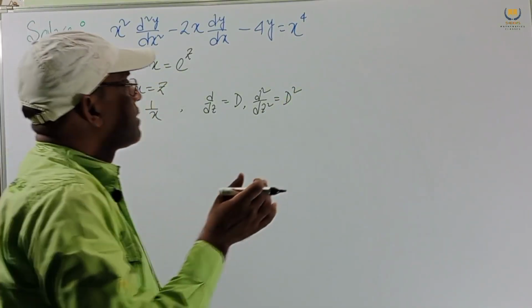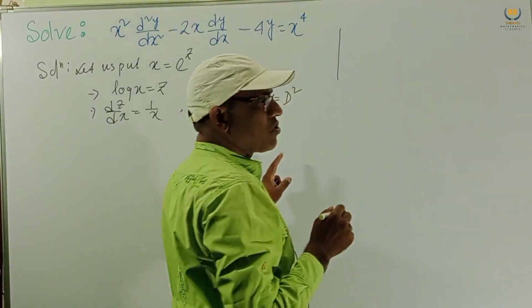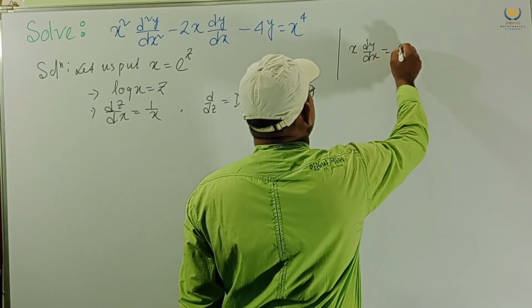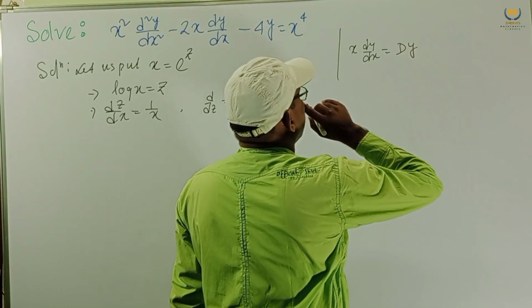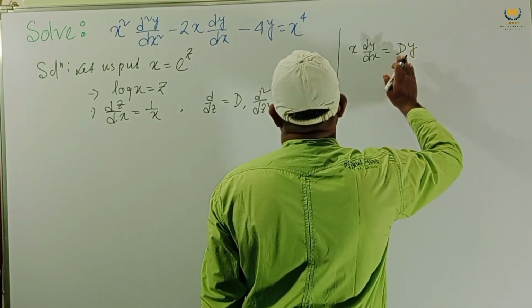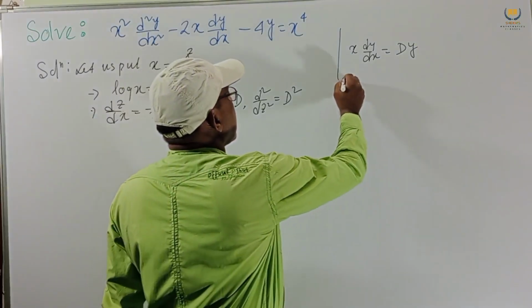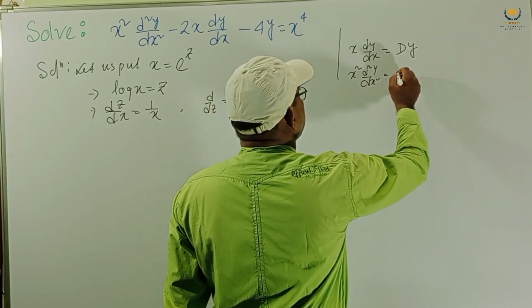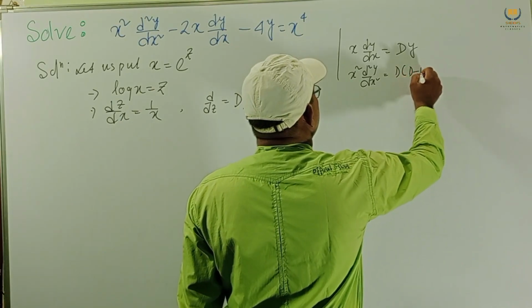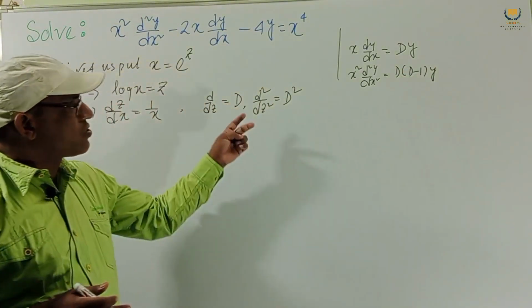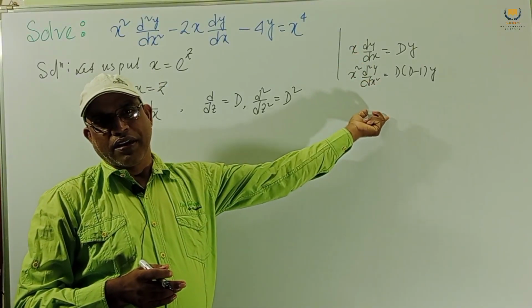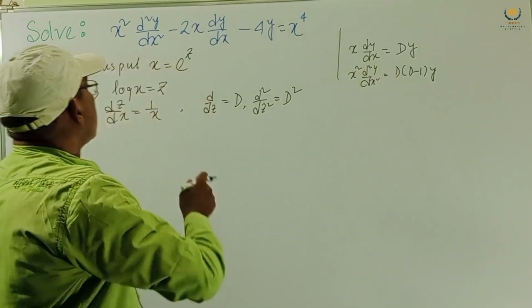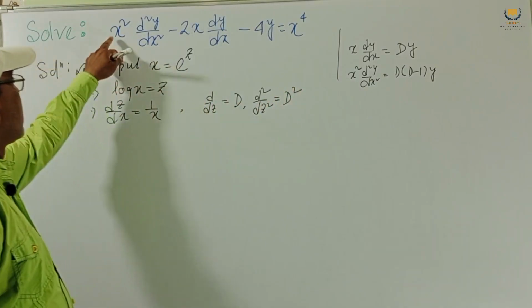We know this formula, no need to solve, directly we can write x dy/dx as Dy, and x square d square y/dx square as D(D minus 1)y. This was already solved and given, so we put x dy/dx means this and x square d square y/dx square means this, here.